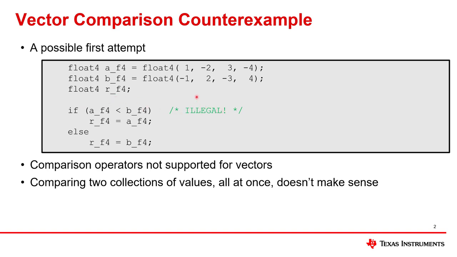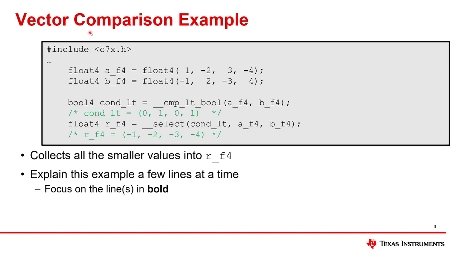Well, it doesn't really make sense to compare vectors in this way because a vector is an unordered collection of values. So this raises the question, well then, what does make sense? What do you do? This is what you do instead.